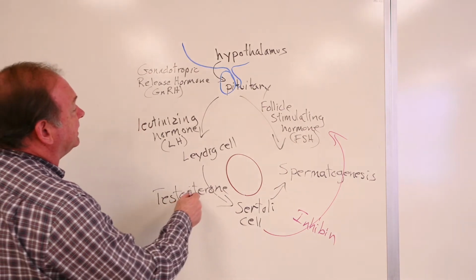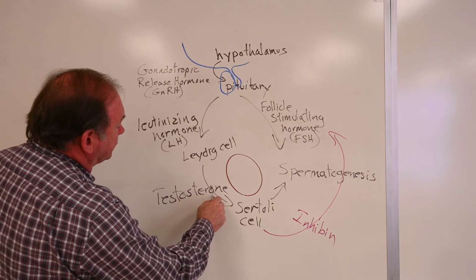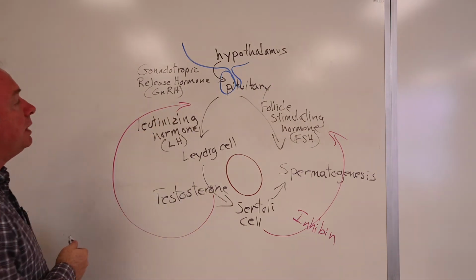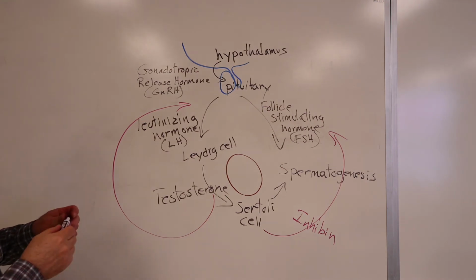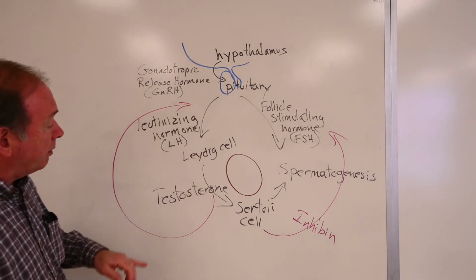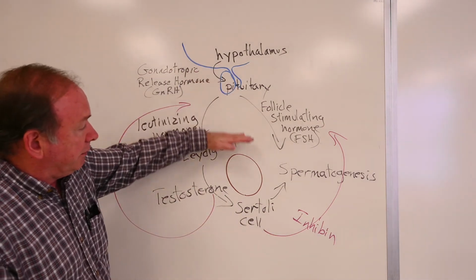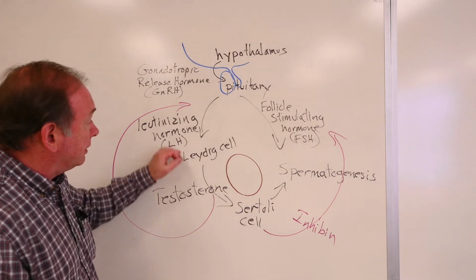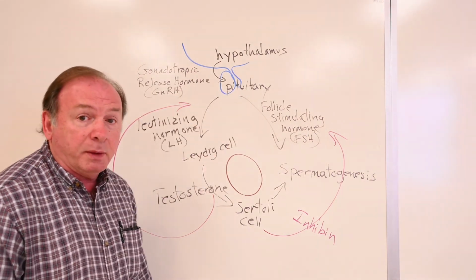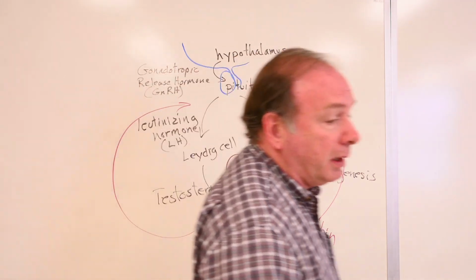Testosterone also has an inhibiting effect, and testosterone then reduces the amount of luteinizing hormone released from the pituitary. So both of these hormones, testosterone and inhibin, have an inhibitory effect and reduce the amount of both follicle stimulating hormone and luteinizing hormone sent down the pipe through the blood to the testis.